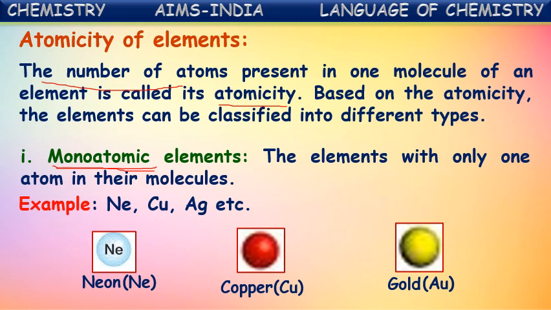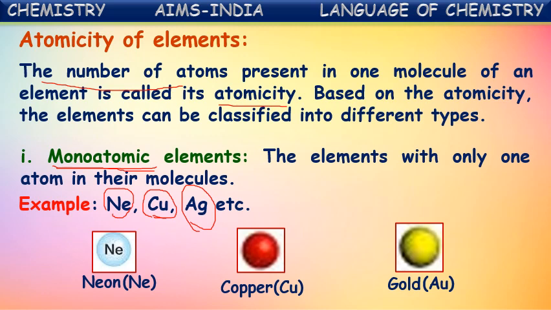Individual copper element is represented with a single atom, that is, only one atom is present in that molecule. So this is called copper atom, silver atom, neon atom. Only one atom is present in that molecule. So these are called monoatomic.